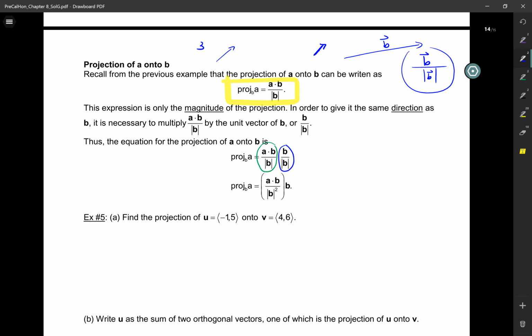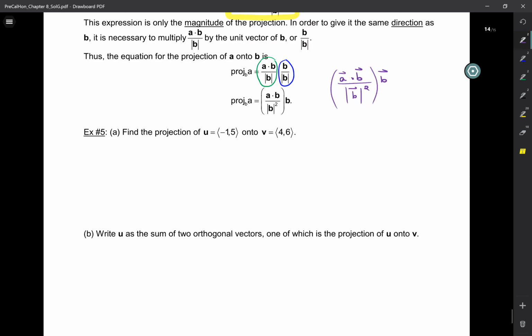That gives it direction. If we clean it up a little bit, it's A dot B over the magnitude of B squared times the vector B. That's the projection. That's the shadow, now with a direction in the same direction as B.